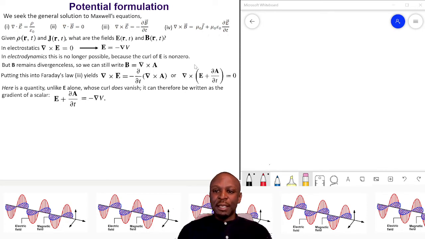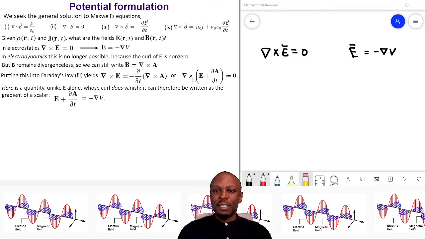If I compare this equation with that one, this equation here can be written as a negative gradient of a certain potential, because if I have the curl of this equal to 0, then I want to write the electric field as a gradient, because its curl is 0.